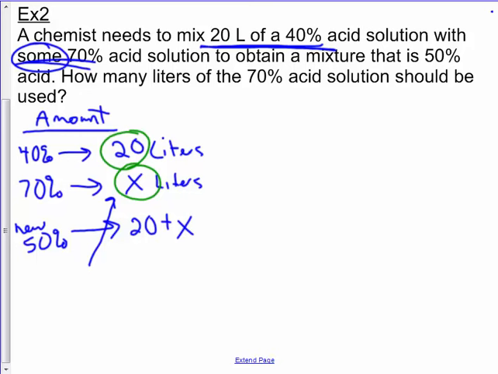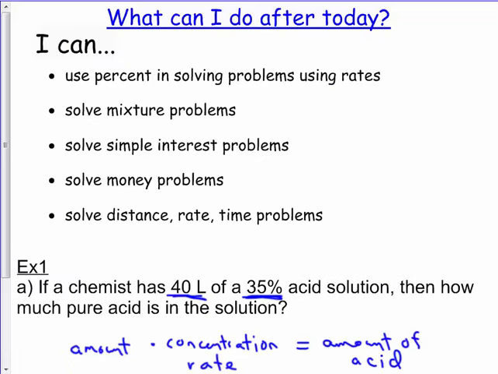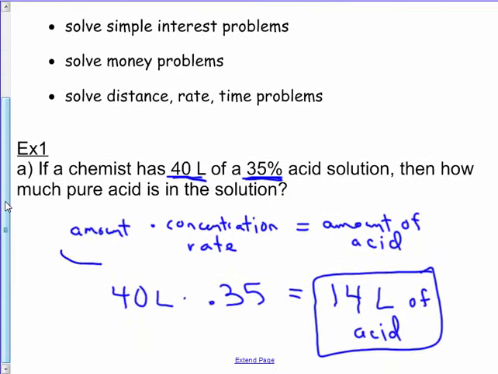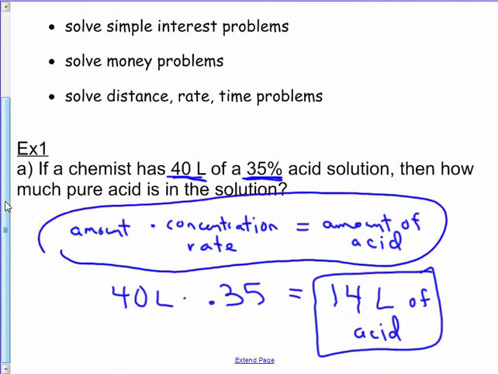So since I have the amounts now, to figure out the actual acid, I'm going to create an equation. Again, amount times the concentration gives the amount of acid.